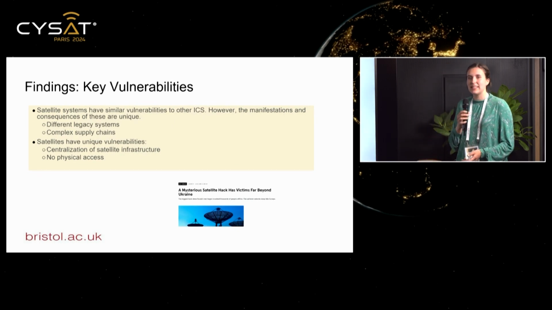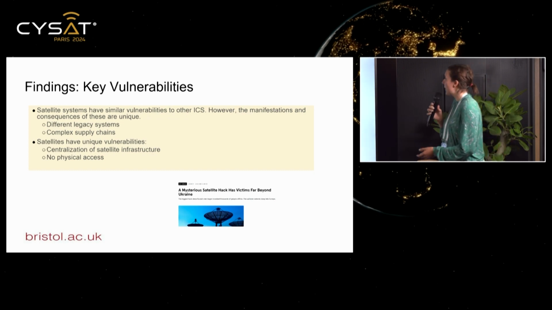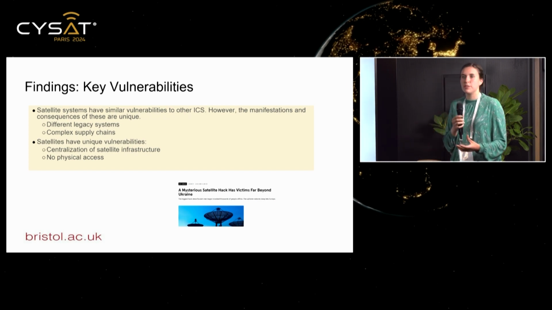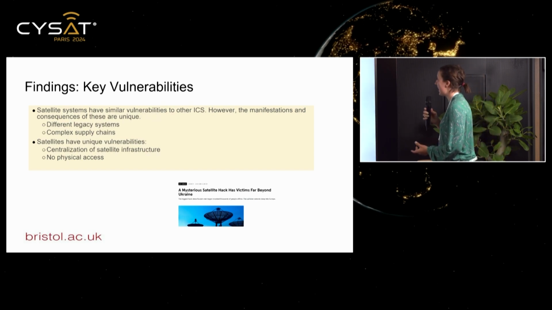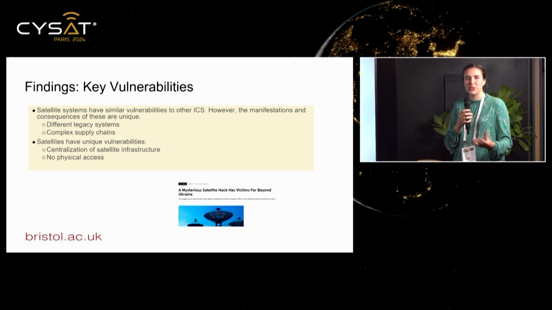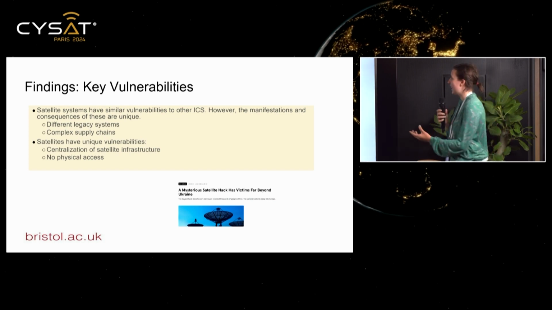My findings also revealed some key vulnerabilities in relation to satellite infrastructure. As I mentioned, satellite systems do share some vulnerabilities with other types of industrial control systems, and that came out in this analysis. We also saw a little bit of that in the first presentations in this session, because you can use some of the same methods to analyze satellite infrastructure as you can other types of ICS.